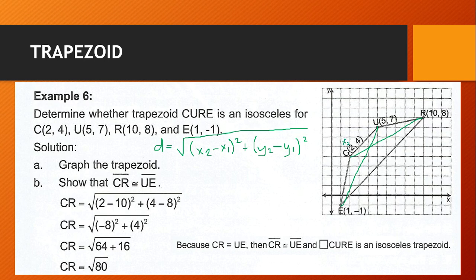Then R has an x value of 10, so that is x sub 1. Then the y value of C is 4, so it represents y sub 2. Then y sub 1 is the 8 of R. Okay.